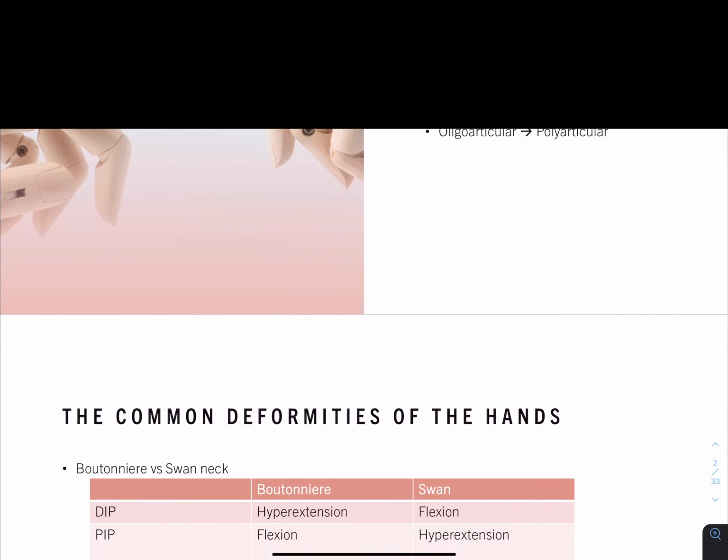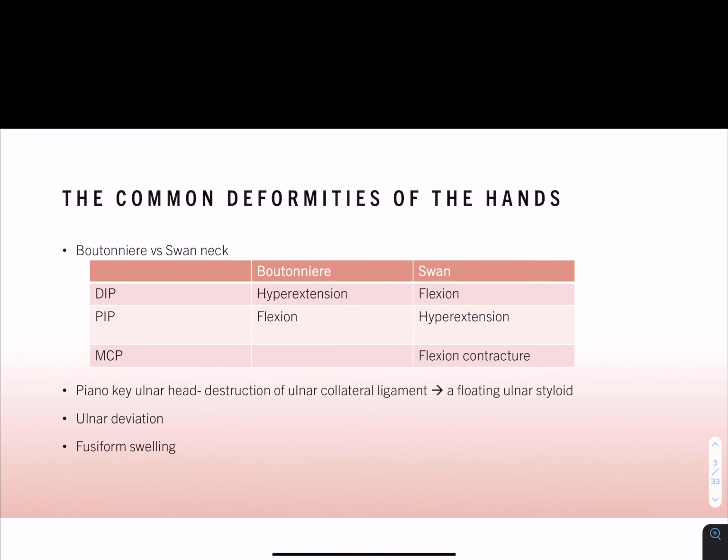So what are the common deformities of the hands in rheumatoid arthritis? I feel like all medical students know about boutonniere and swan neck deformities. I'm a huge fan of simplifying things for yourself, even when it comes to studying. And conveniently, clinical manifestations of boutonniere and swan neck deformities are the opposite of each other, so you can just remember one and forget about memorizing the other one.